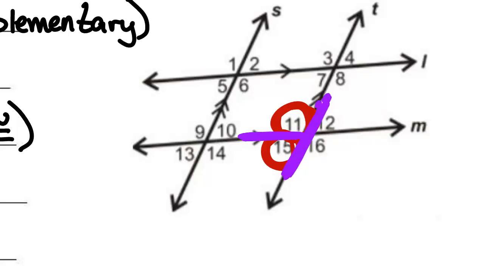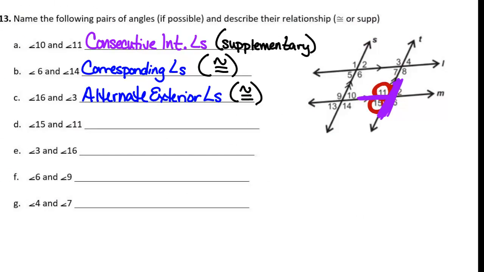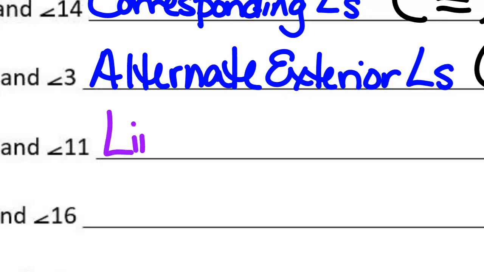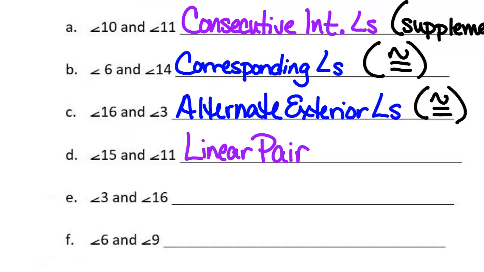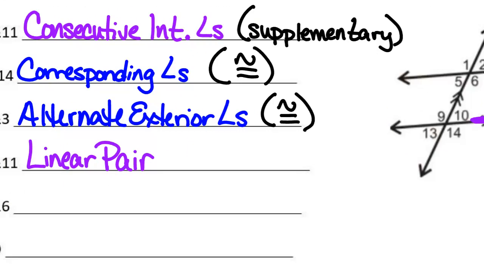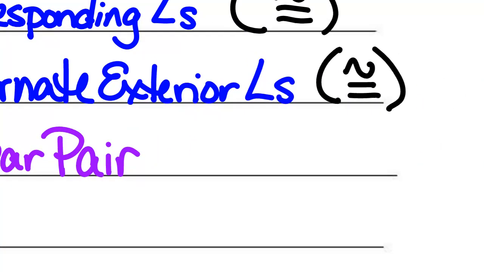And together they make this straight line right here. What do we call that when they're side by side? Linear pair. A linear pair and vertical angles. I only need two lines crossing. Linear pair is going to be side by side. Vertical angles will be where two lines cross and they're across from each other. Linear pair, supplementary or congruent? Supplementary.